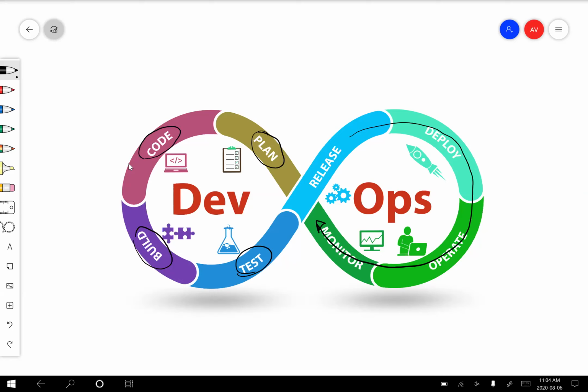So when we take a look at this whole DevOps life cycle that we see in front of us, what we're going to do today is walk through how you can inject security in each of these phases of the life cycle. And then we'll take it one step further and talk about the metrics that we should be tracking.